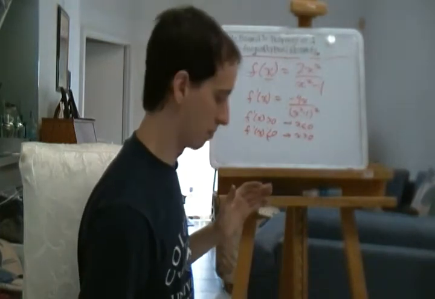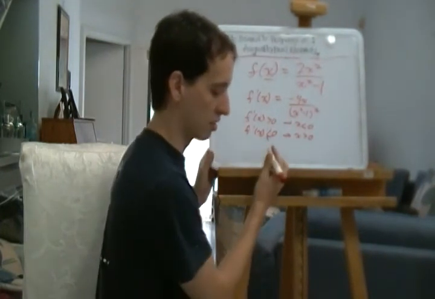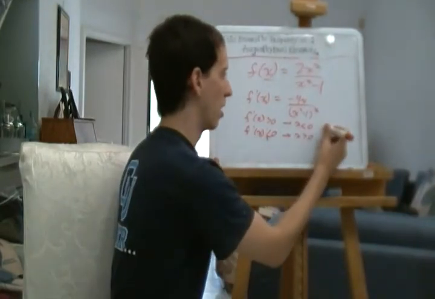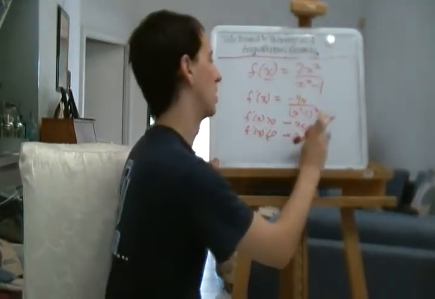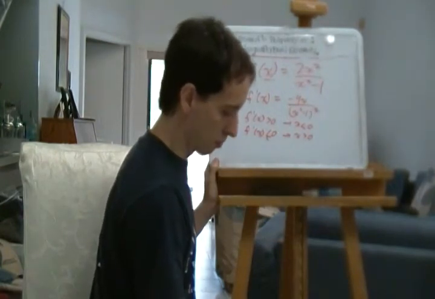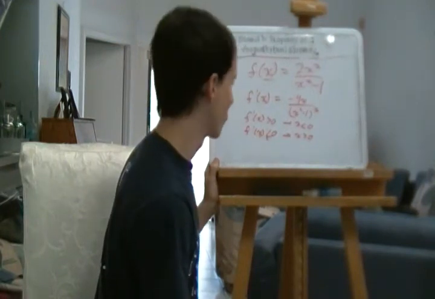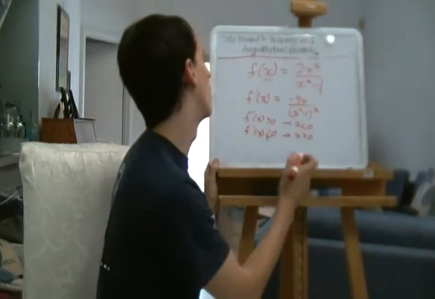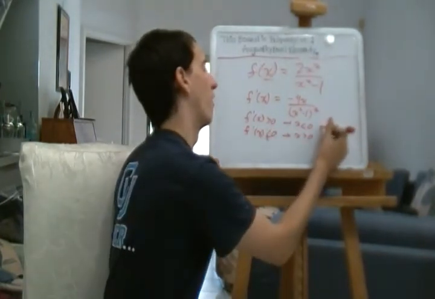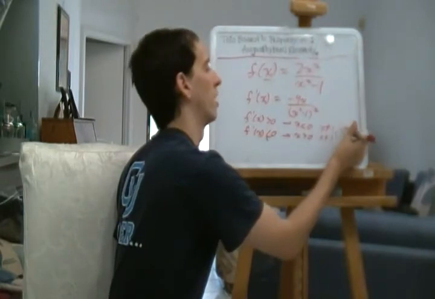Of course, x can't equal 1 or negative 1, but that's just because those are asymptotes.